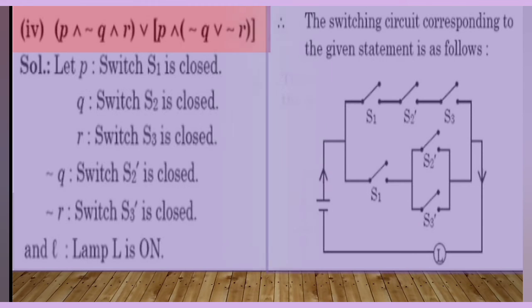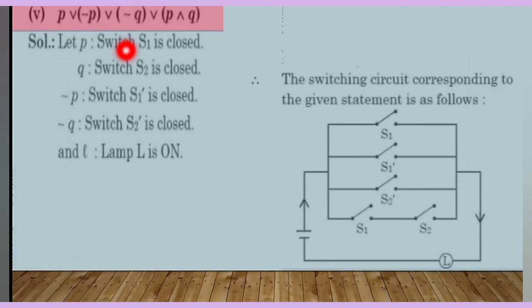Next question is: P or negation P or negation Q or P and Q. Solution: P statement, Q statement, negation P, negation Q, and L is lamp is on. The switching circuit corresponding to the given statement is as follows. This is P, S1.